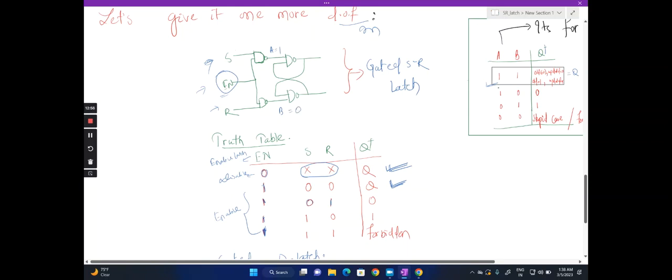For A, B equal to 1 0, it will be 0 from this table. When S equal to 1, R equal to 0, it will be 0 and 1. So for 0 1, it is 1 from this table. When S, enable and R all are 1, A and B both are 0. So 0 0 is a forbidden state, so we don't take it.